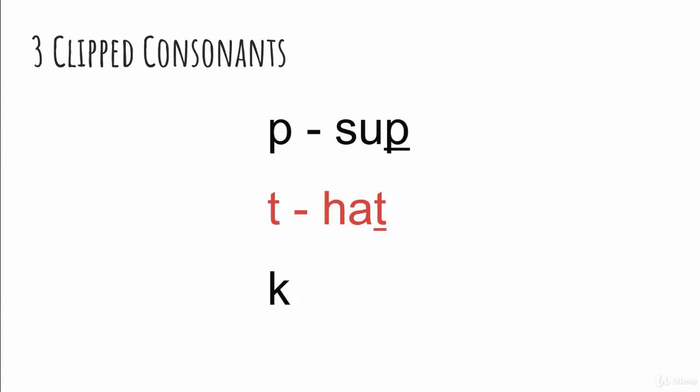Again, you pronounce the whole word normally, except for the last bit. The last clipped consonant K has the same principle. For example, in the English word jack, the Cantonese way of pronouncing it would be jack, jack, jack. We don't pronounce the K sound.